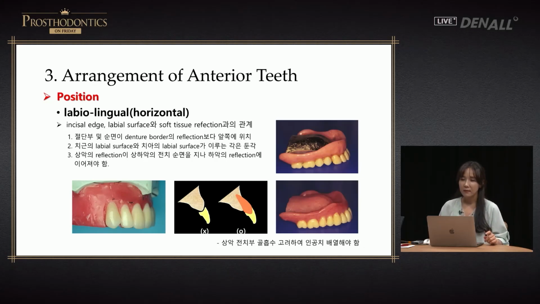After extraction, the alveolar ridge would be resorbed, which leads to gingival recession. If we mount the teeth on the ridge, patients would not have proper lip support. So artificial teeth are labially positioned compared to natural teeth.